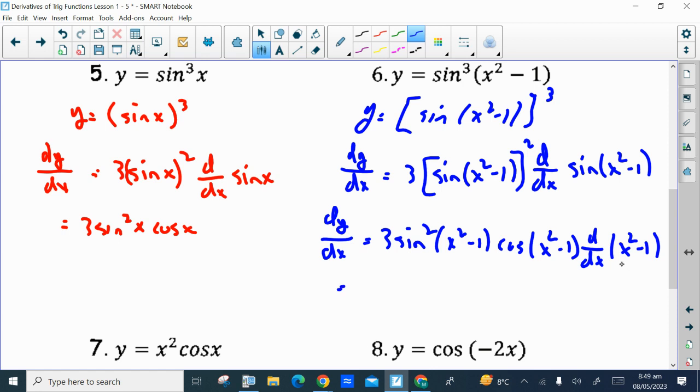The derivative of x squared minus 1 is 2x. So that 2x multiplied by the 3 in front becomes 6x, sine squared x squared minus 1 times the cos of x squared minus 1. So there's the value of that derivative.